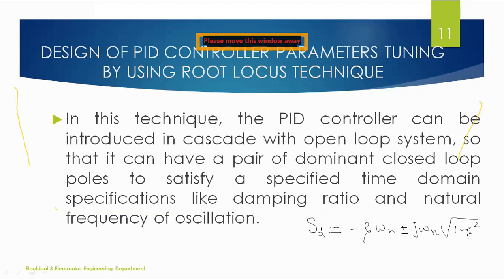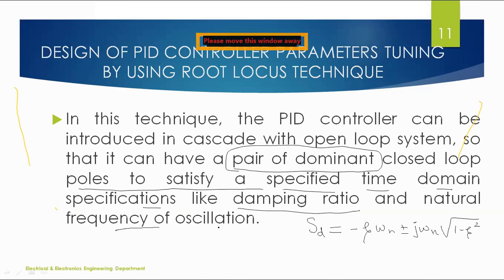So in this technique, the PID controller is introduced in cascade with the open loop system. We can introduce a pair of dominant closed loop poles to satisfy specified time domain specifications like damping ratio and natural frequency.